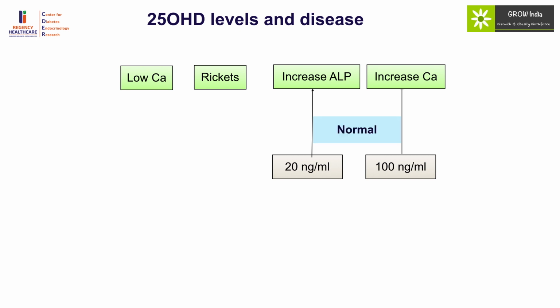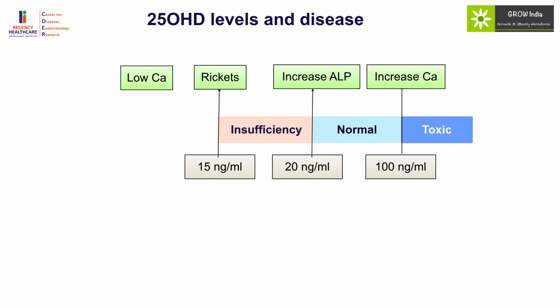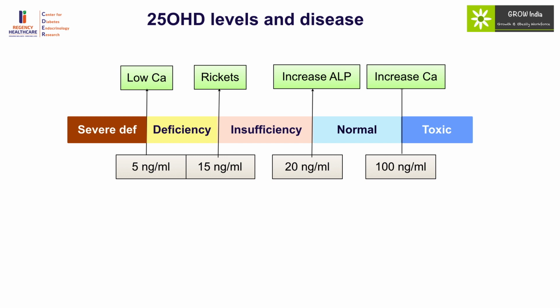So the normal levels are between 20 to 100, and beyond that the levels are considered toxic. Rickets is unlikely to happen unless the vitamin D levels are less than 15, and this range is considered to be insufficiency, while levels lower than 5 will cause hypocalcemia. So levels between 15 and 5 are definitely deficiency, and levels less than 5 are severe deficiency.